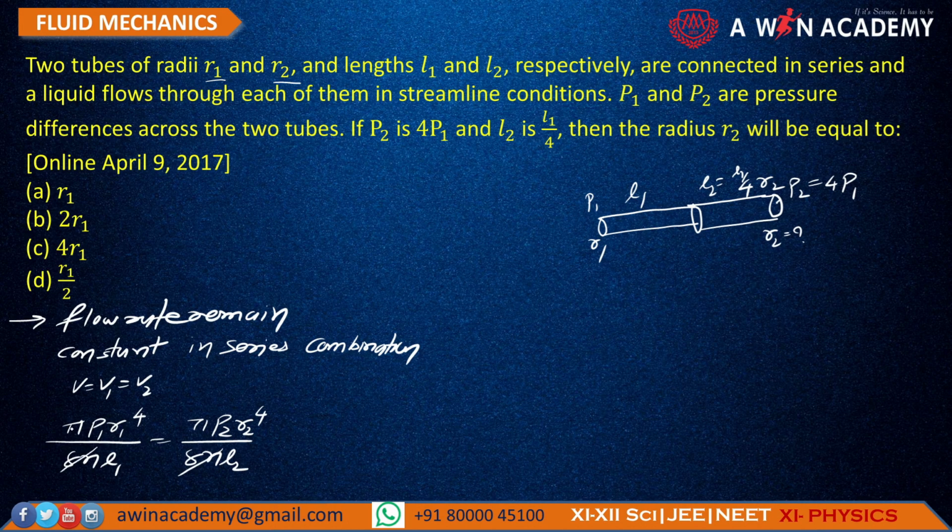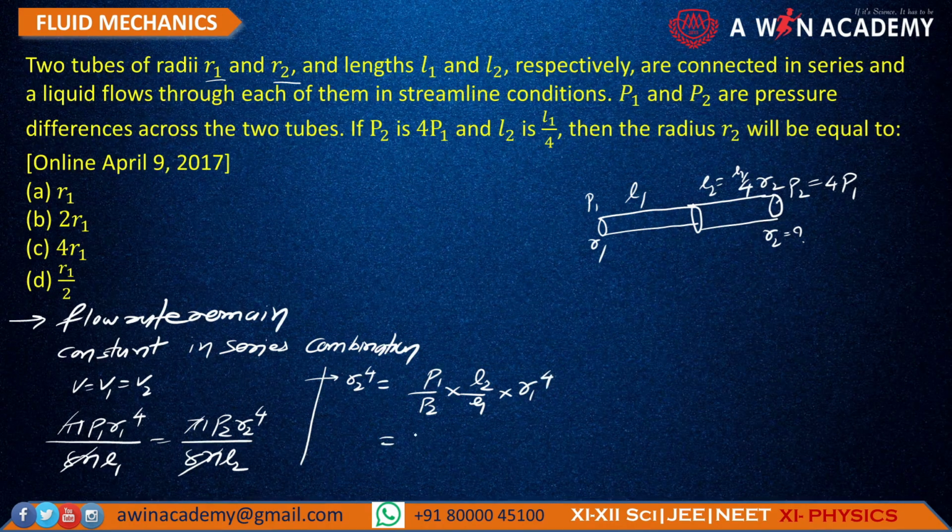8 eta cancels, pi also cancels, and R2 raised to 4 is equal to P1 by P2 into L2 by L1 into R1 raised to 4.